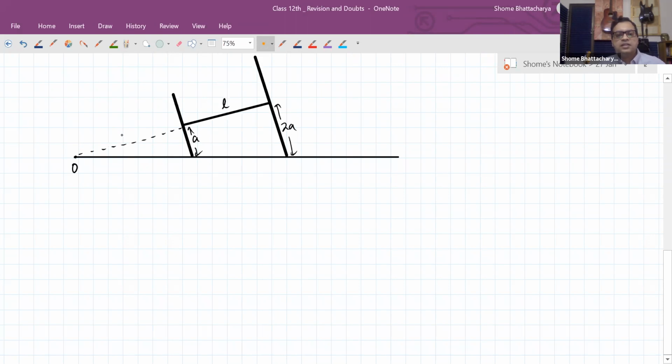This length is L, this length is also L. L is given to us as square root of 24A. Now this is rotating about this axis with omega like this, such that the omega vector is along this unit vector. Omega is this way.